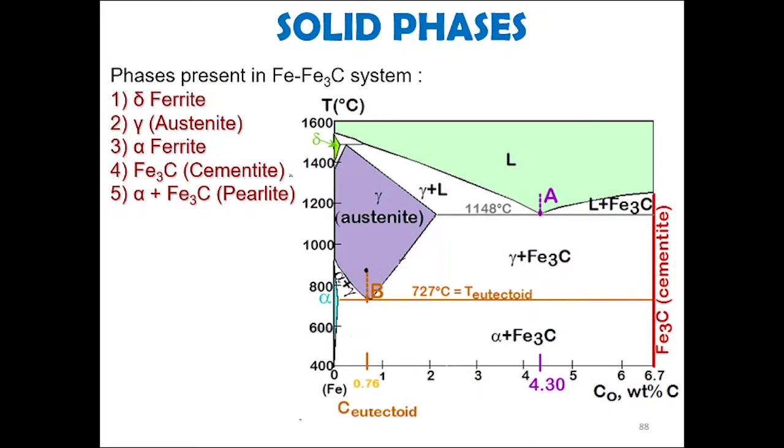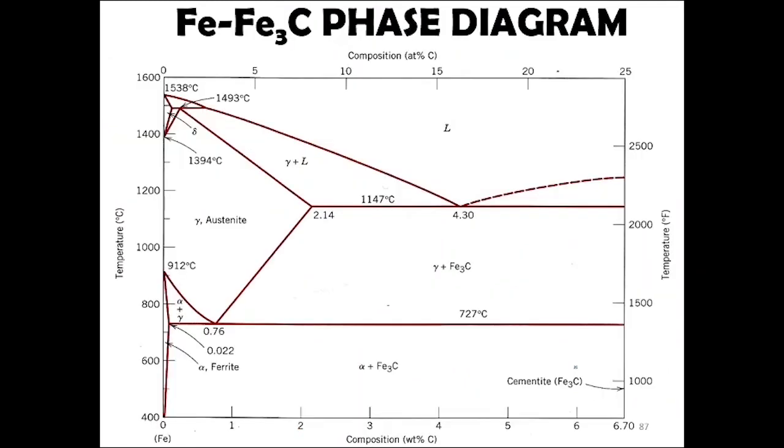The fourth microstructure that we have is cementite. You can see cementite over here. It is at 6.7 weight% of carbon content in iron. Cementite is also known as iron carbide, which has a chemical formula of Fe3C.